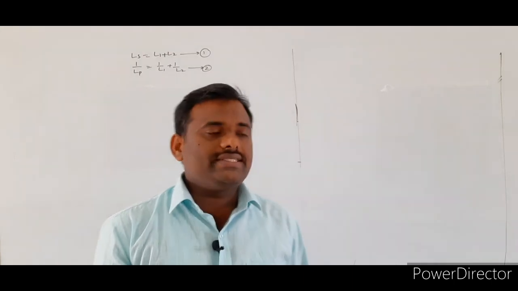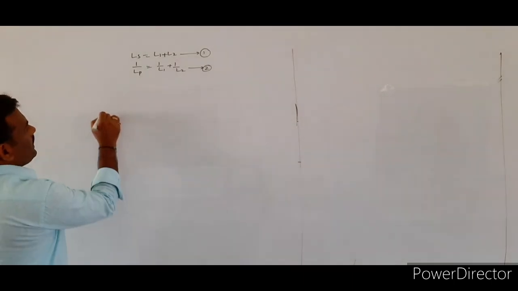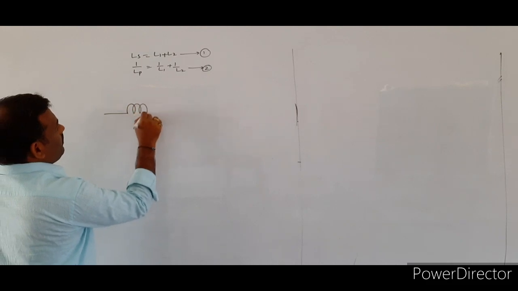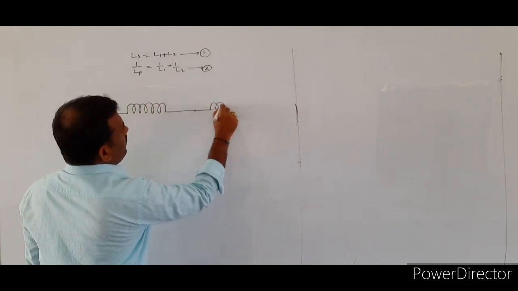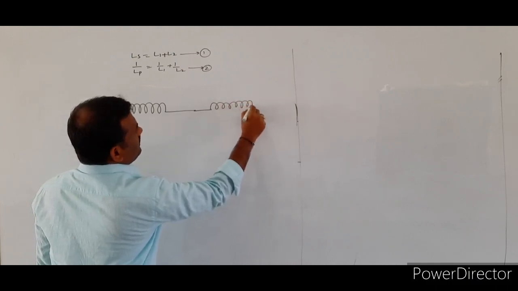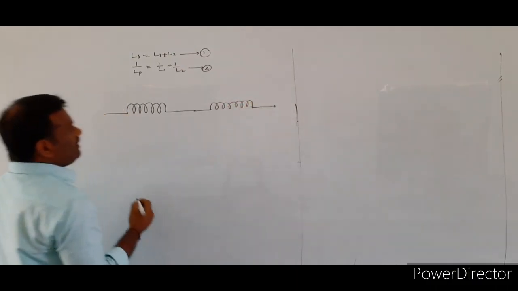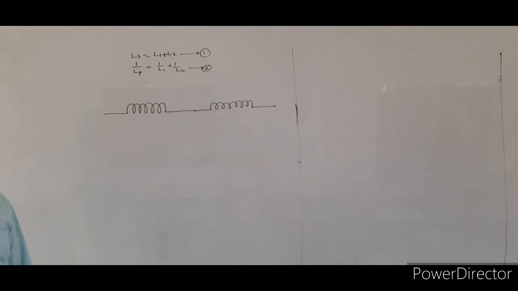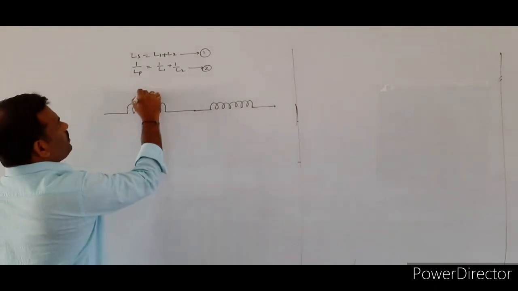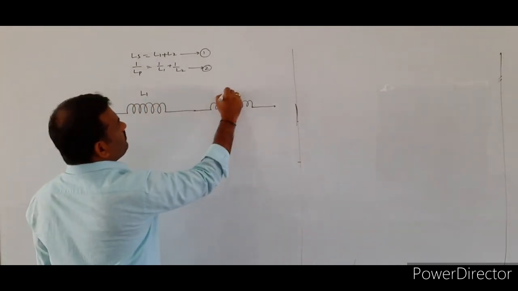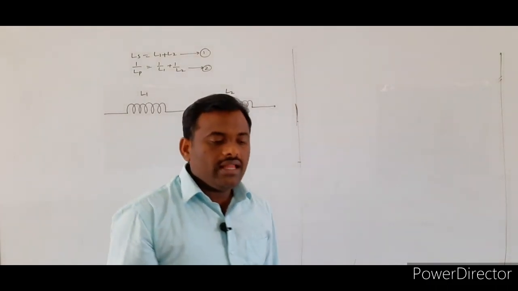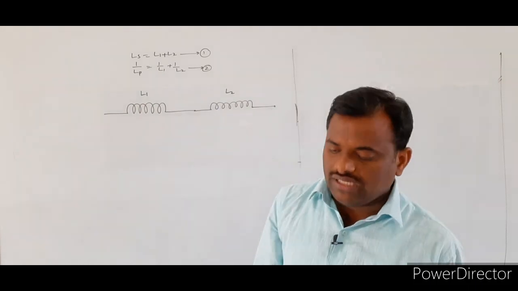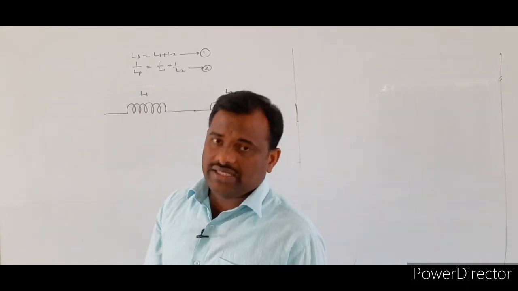Now we again consider two different inductor coils. They will be in the series combination. The coefficients of self-induction of the given coils will be L1, L2 respectively.